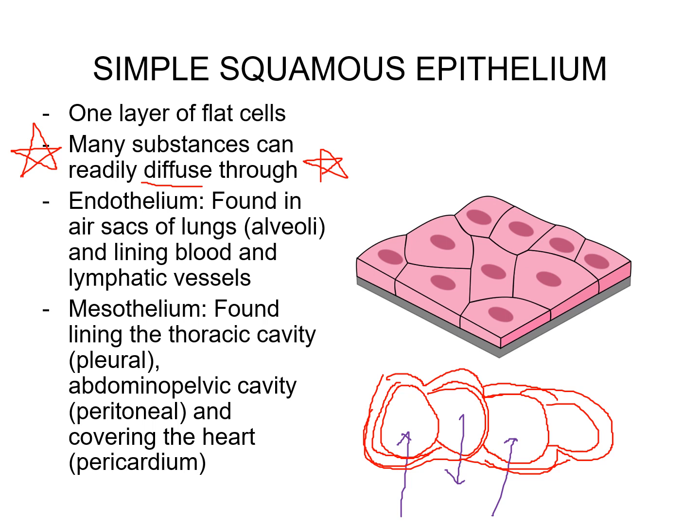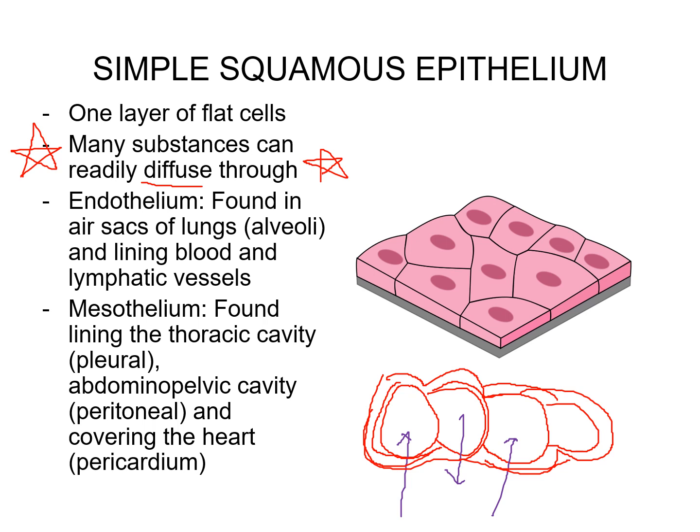And in a lot of pathologies, you don't grow stratified squamous, but stuff builds up around and inside of these air sacs, and that's what makes it harder to breathe. So we don't want that. So even with squamous tissue, there's going to be a huge difference between simple squamous and stratified squamous. And the big function you need to know here is that simple squamous is diffusion. It allows things in and out very easily.